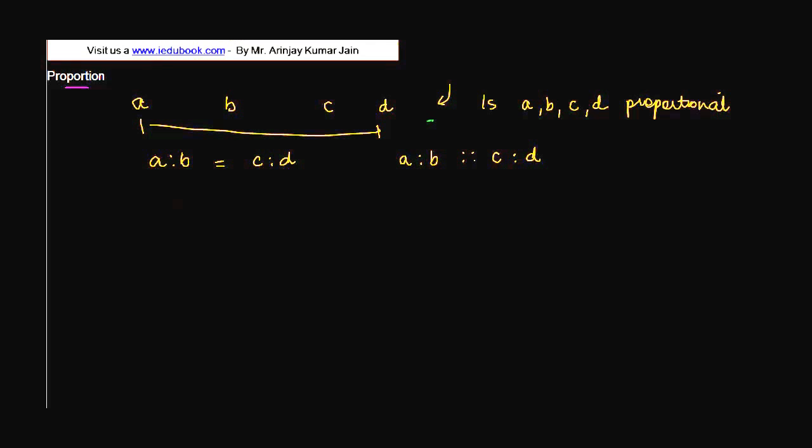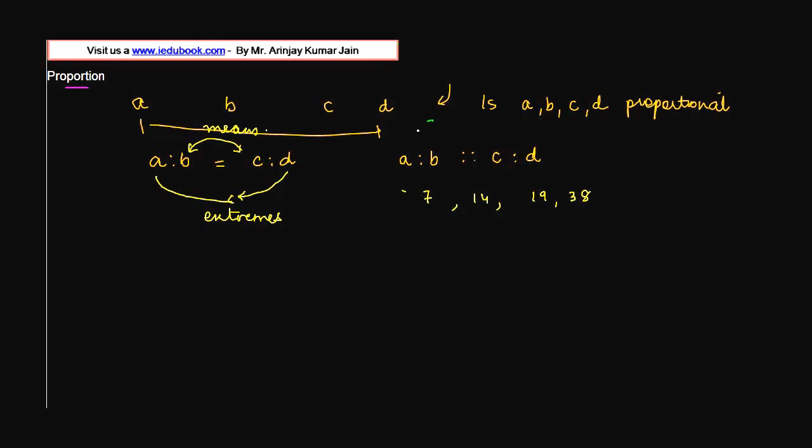In such a case, the numbers A and D are known as extremes, and B and C are known as means. Let's take an example here. Let's say you have 7, 14, 19 and 38.